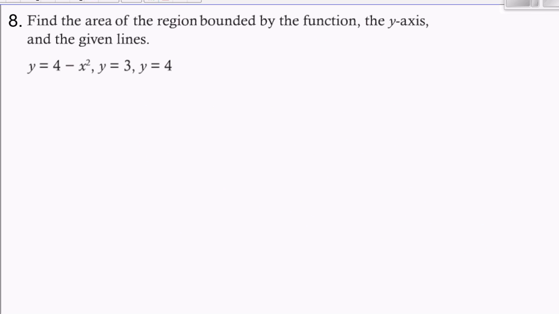Next question. Find the area of the region bounded by y equals 4 minus x squared, y equals 3, and y equals 4. The first thing is I need to sketch this function.